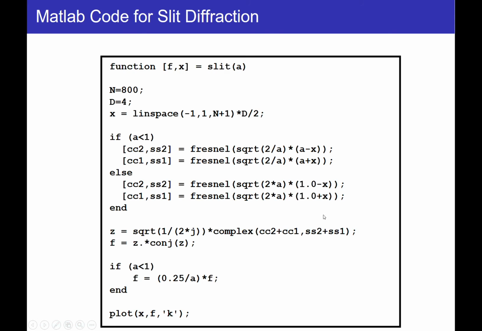Okay, and then what we are going to do is come up with another function which is called slit. Slit A will give you function over f and x, function over fx. Okay, that is a kind of diffraction pattern. So slit requires A. A is the same as before, a Fresnel number.